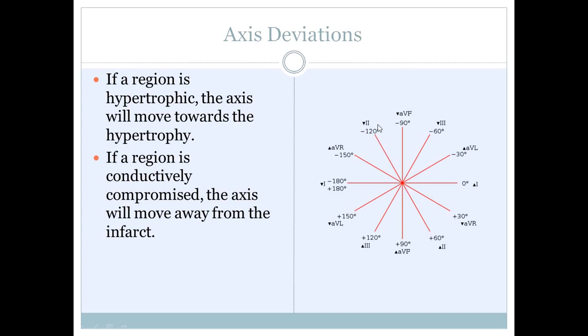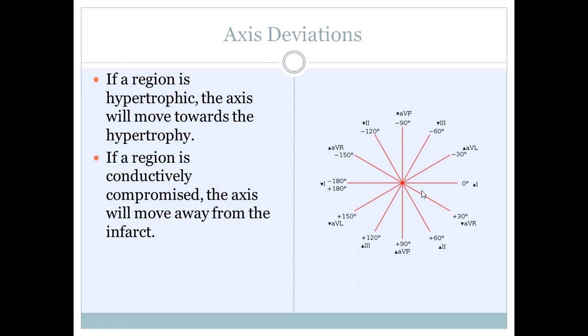This end represents the right arm electrode. This end represents the left foot electrode. In a normal patient, this axis is the axis of greatest amplitude.